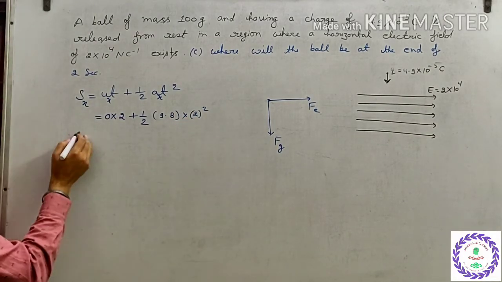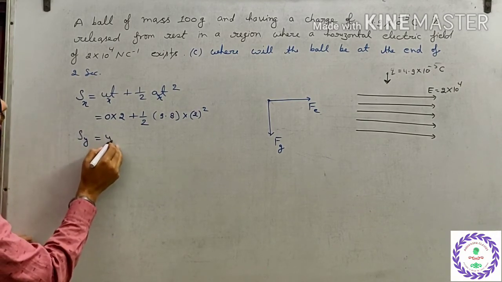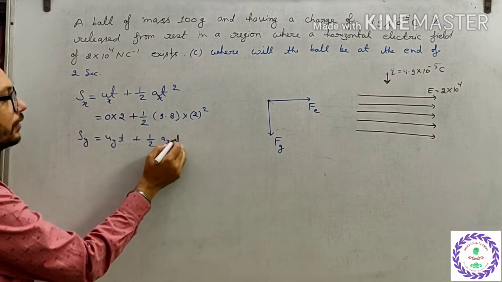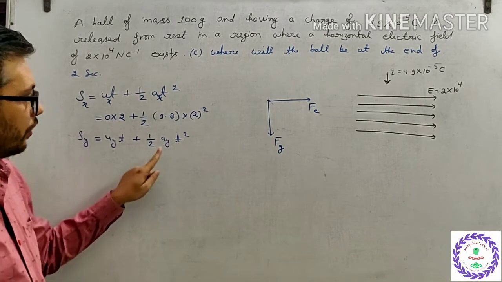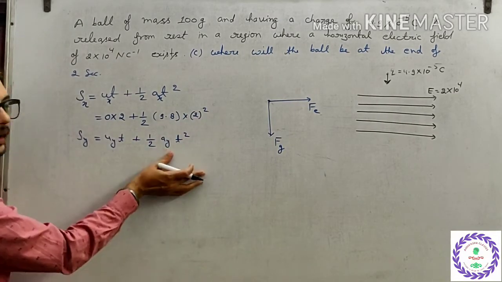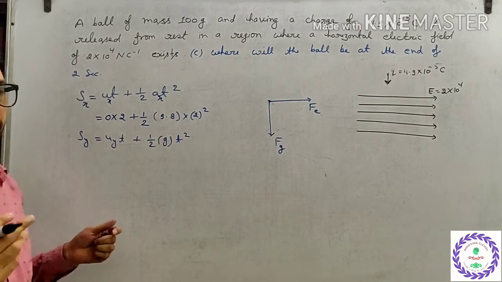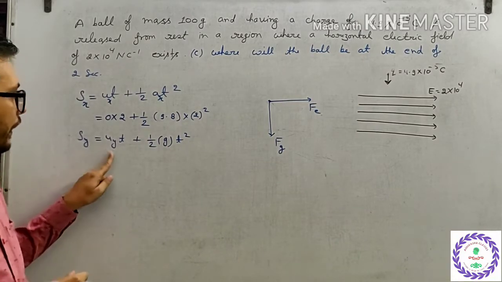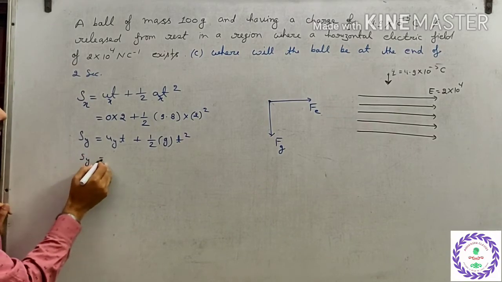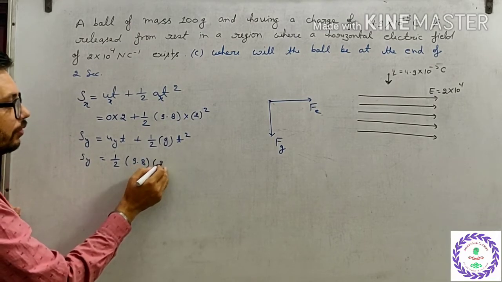Similarly, we apply the formula for the y axis. So Sy equals Uy t plus half Ay t square. Now in the y axis, the acceleration is acceleration due to gravity, so in place of Ay we can simply write g, and Uy is 0 because it is released. So we have Sy equals half into 9.8 into 2 square.